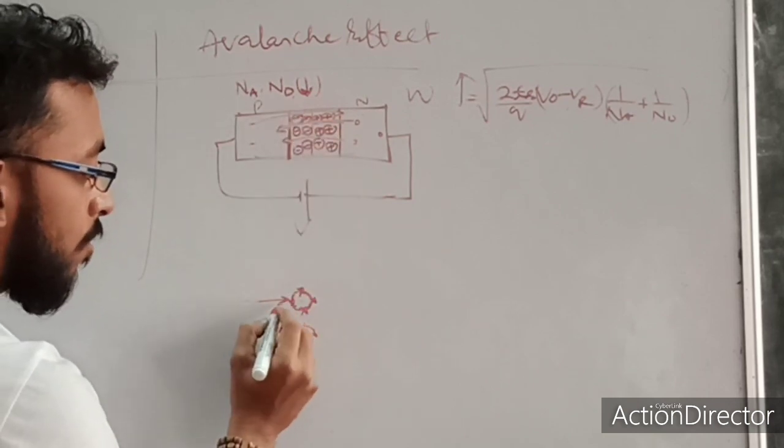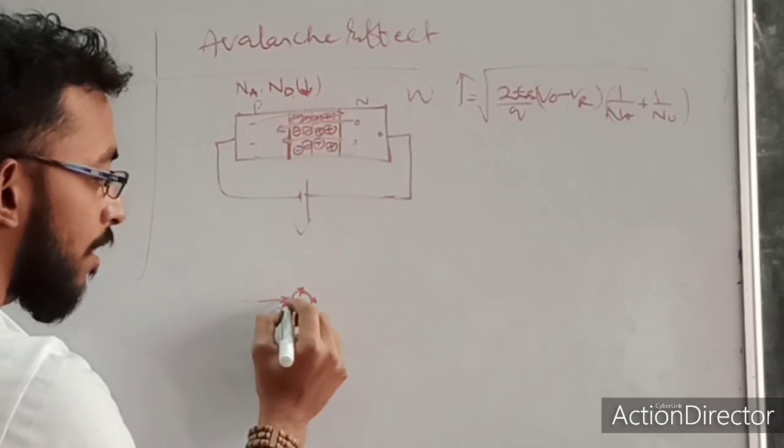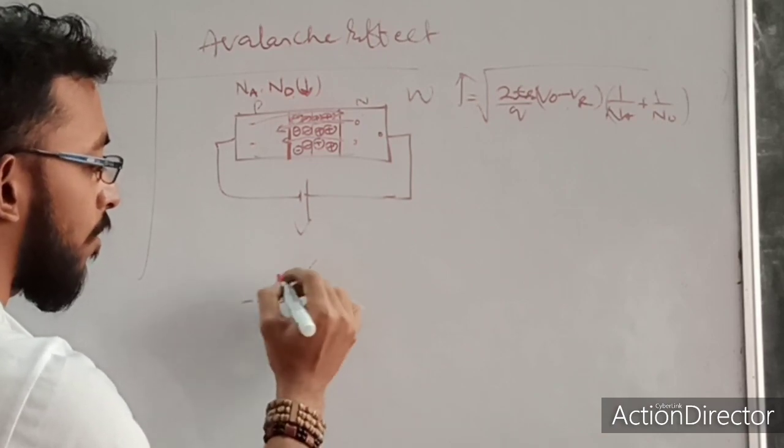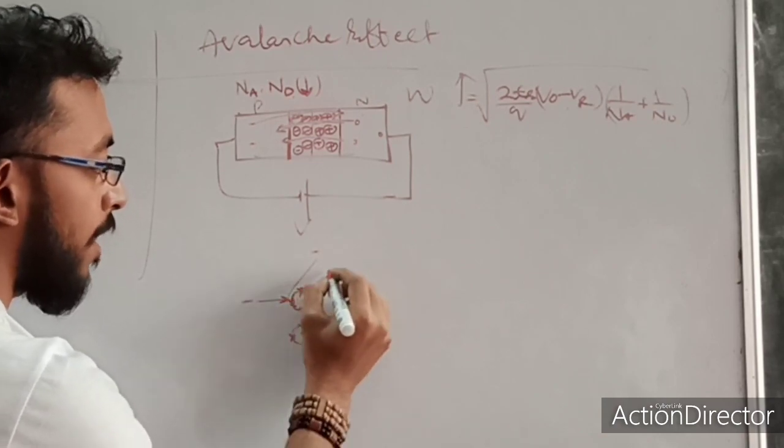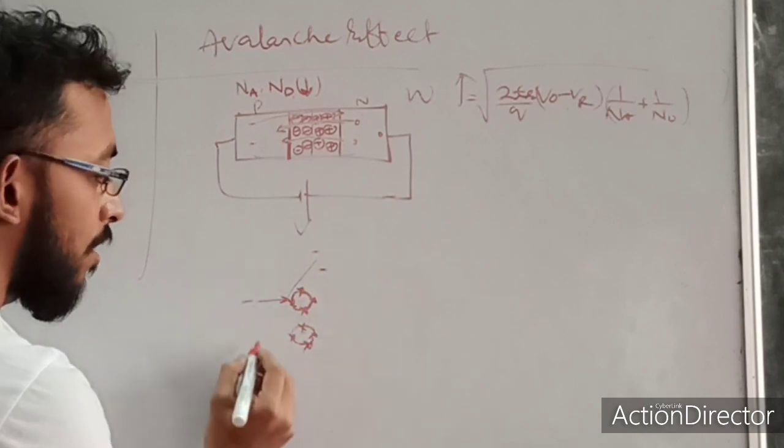So when this electron collides with an atom, it releases one electron that was already there, and after the collision it gives me another free electron.